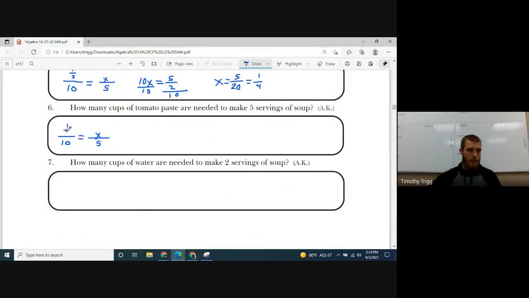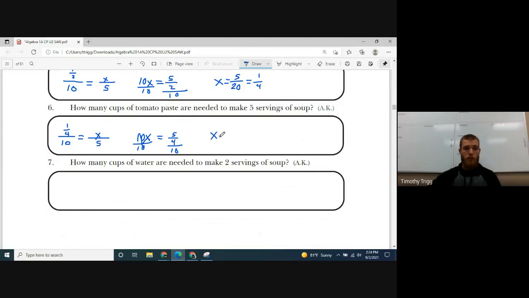But that makes 10 servings. I only want 5 servings, so it's cross multiply. So 10 times x is 10x equals 5 times 1/4. You just multiply the 5 times the numerator, so 5 times the 1. So that's 5/4. Divide both sides by 10 to get x by itself. That cancels the 10.